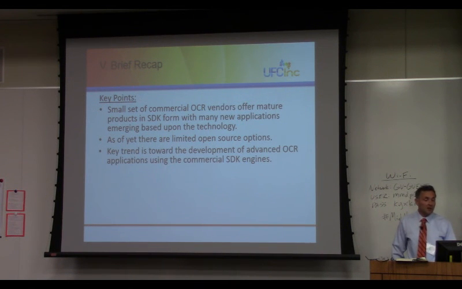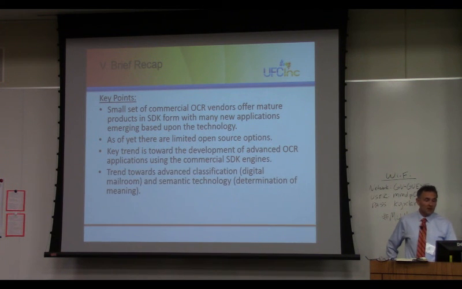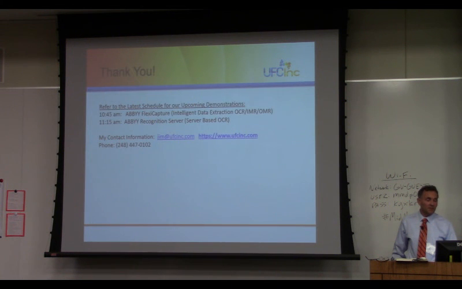The trend is towards advanced application development using these existing engines. Many times that is offered by the company that makes the OCR engine, and in many cases, outside companies take those engines and make their own products. Trend towards automatic advanced digital classification, so automatic classification, as I mentioned. Cloud-based processing, definitely a trend.